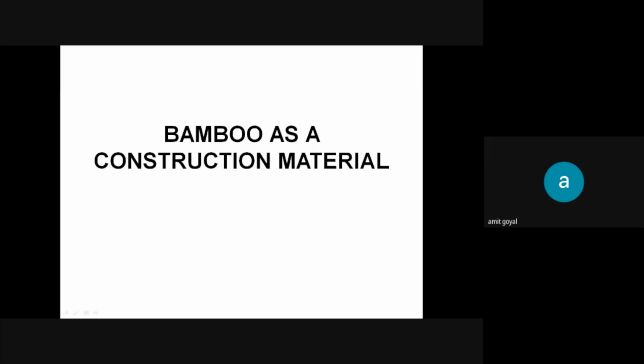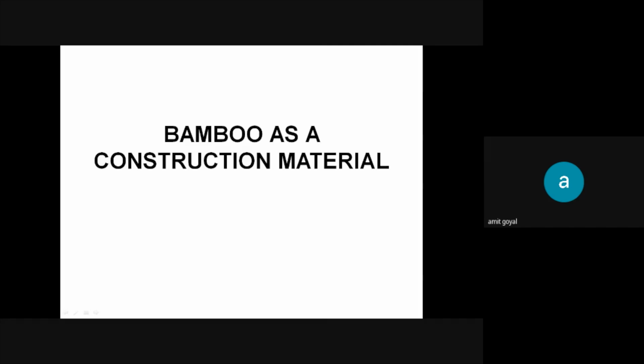But now, because the government has converted bamboo into the category of grass, you can grow bamboo, cut bamboo, and use bamboo in any way. Using wood is a very difficult task, but bamboo you can cut and use, right?